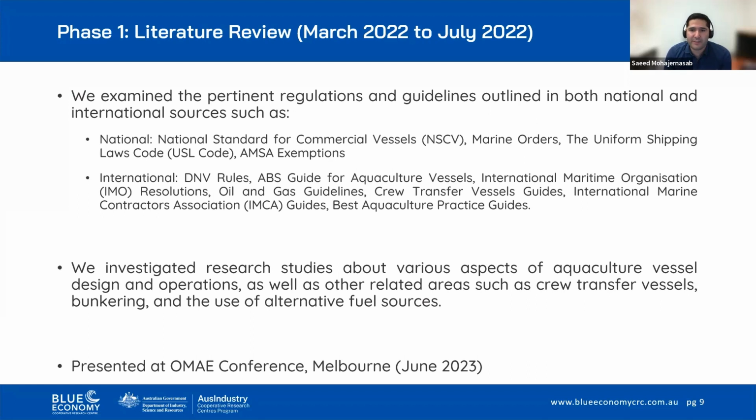And as part of the international regulations, we reviewed DNV rules, specific guides for aquaculture vessels from ABS, some new IMO resolutions, and some oil and gas guidelines, especially those related to operations like crane operations and crew transfer vessels.